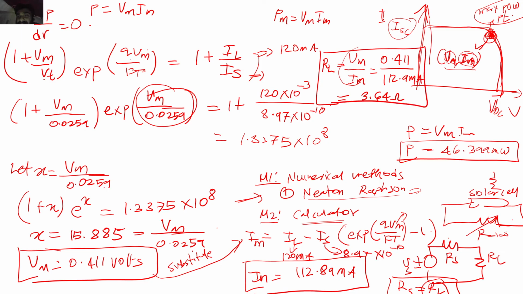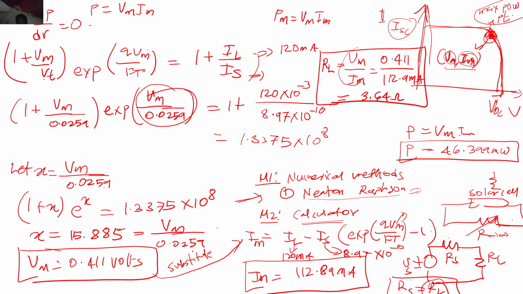So what does this mean? First you calculated the operating point where you can get the maximum power out of the solar cell, and now they are asking what load resistor should be connected to the solar cell so that this maximum power transfer can happen. We used the maximum power transfer theorem and calculated that the load resistor should match Vm upon Im, and the moment that happens, the maximum power transfer will happen.